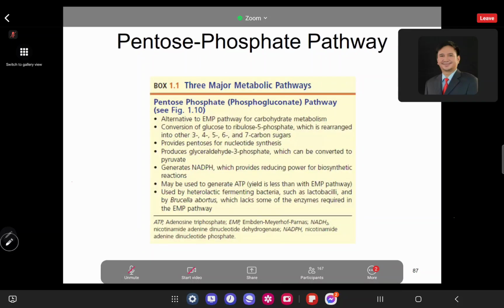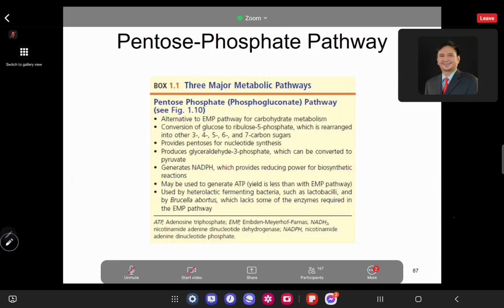How about your pentose phosphate pathway? This is also known as your phosphogluconate pathway. It's an alternative to the EMP pathway, leading to the production of ribulose 5-phosphate. This intermediate is crucial for generating 3, 4, 5, 6, and 7 carbon sugars. Also, it's a source of biosynthesis precursors.